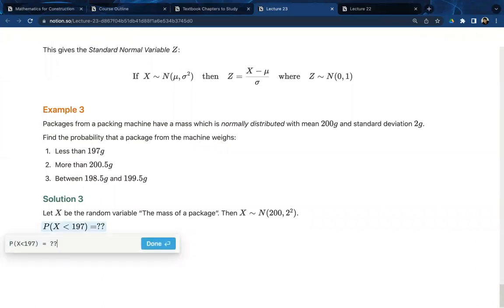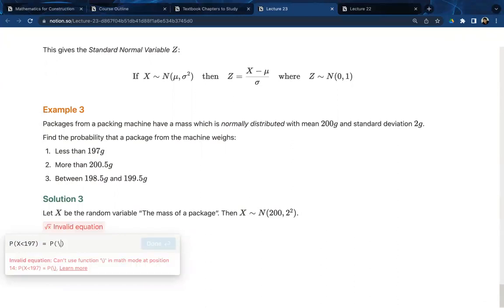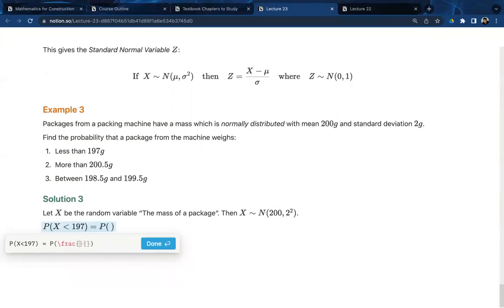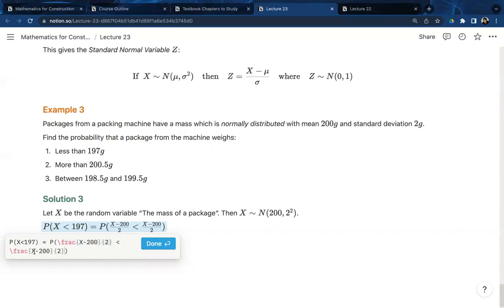This is the probability that X minus 200 over 2 is less than the equivalent fraction, 197 minus 200 over 2.